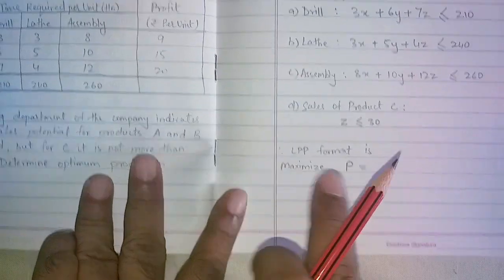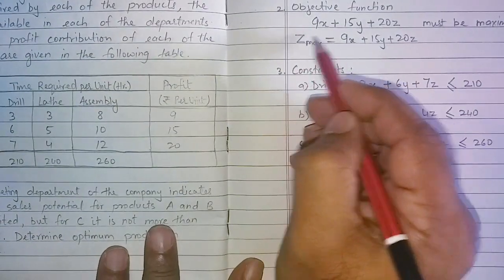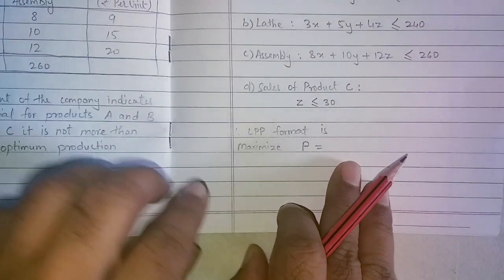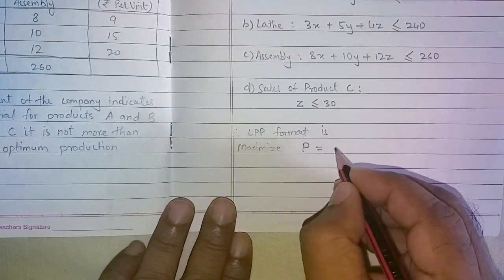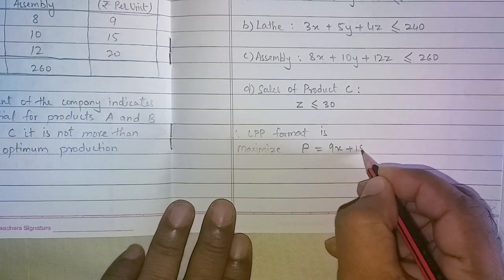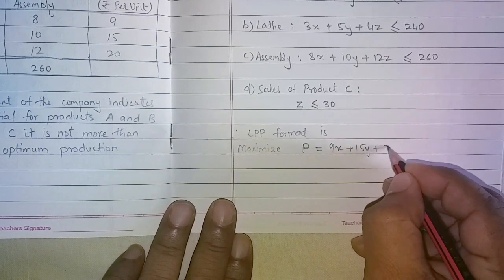I will write maximize P equal to 9x plus 15y plus 20z.